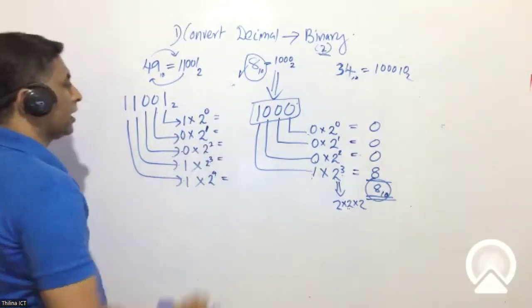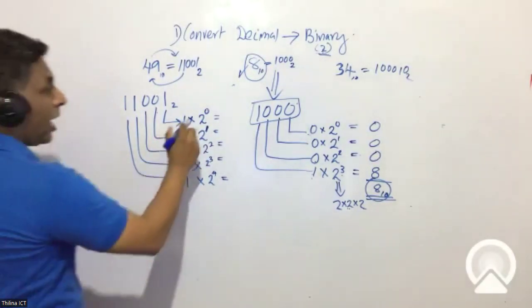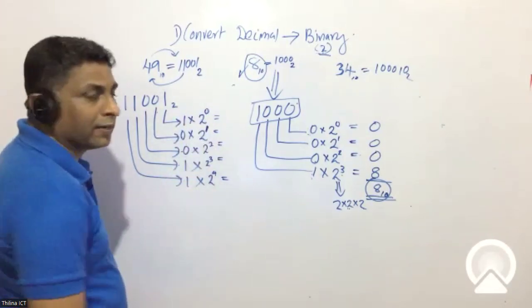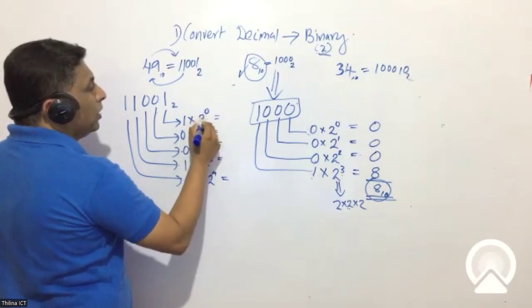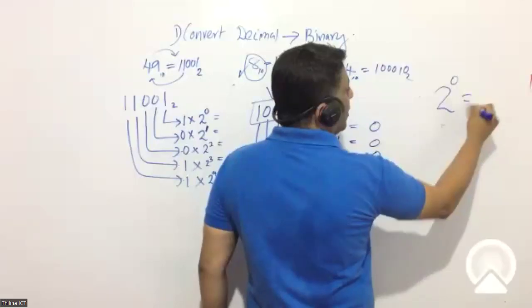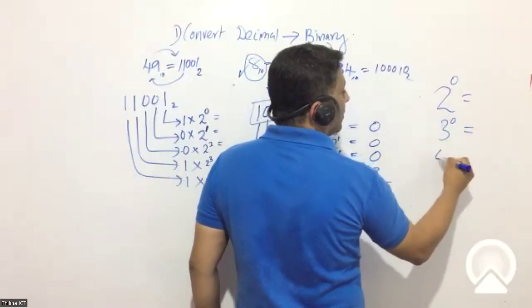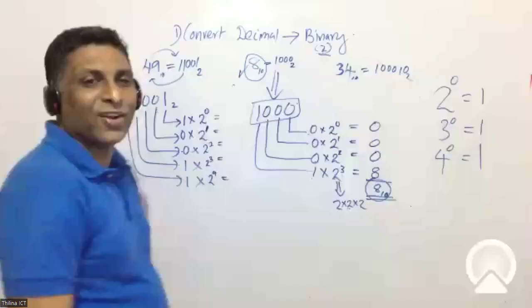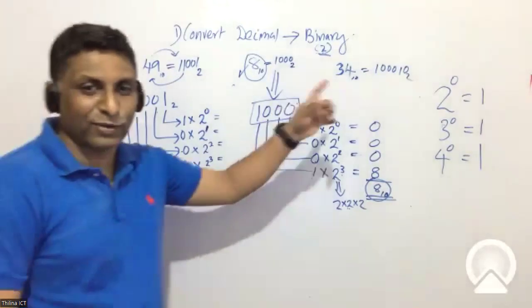Remember, you start from the 0, the topmost value is 0, and come down. 1 into 2 to the power 0 is what? The 0th power of any value is 1.